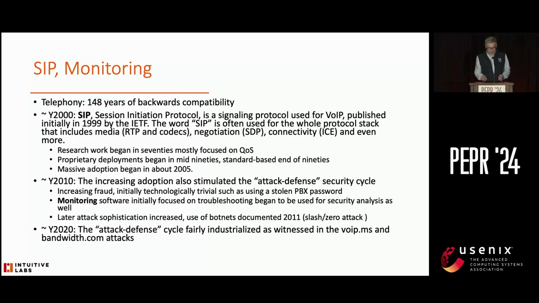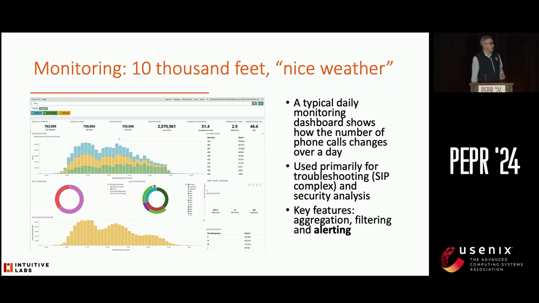That's how they were making money. But it has developed over time. We registered the first DoS attacks reported by Qaeda in 2011 with millions of bots. And in this decade, we have witnessed massive attacks costing millions of dollars on companies like bandwidth.com and VoIP.ms.